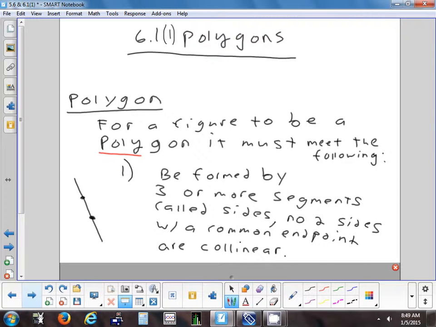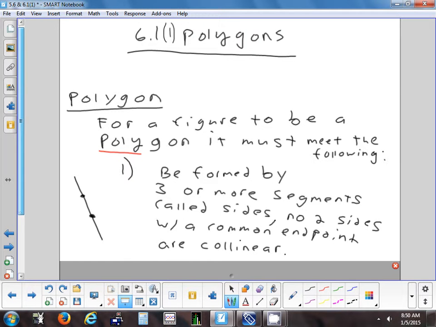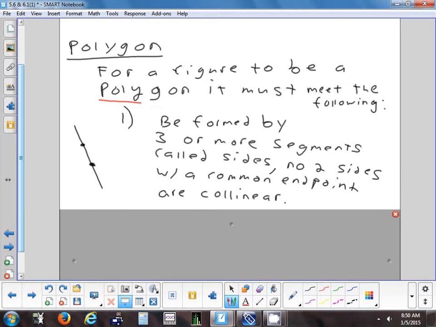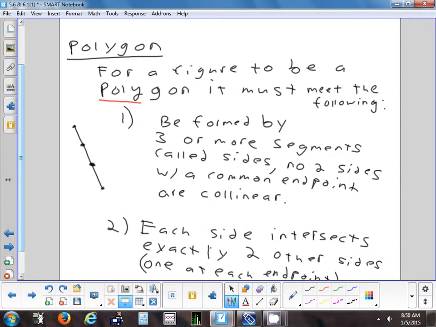Okay, that's not a polygon. That's actually a segment, right? 3 segments. Yep. And each side has to intersect exactly 2 other sides.